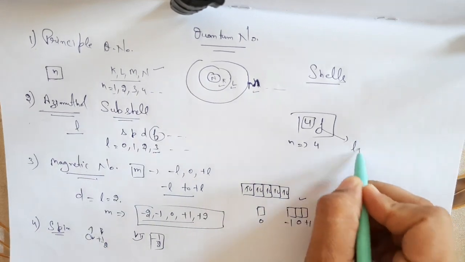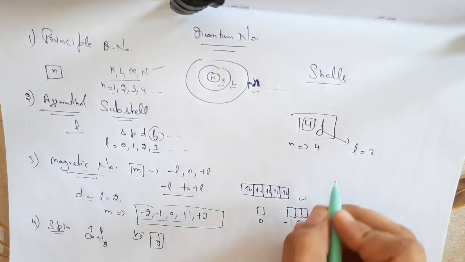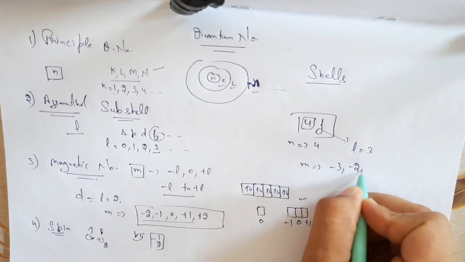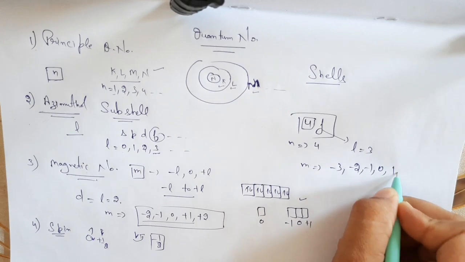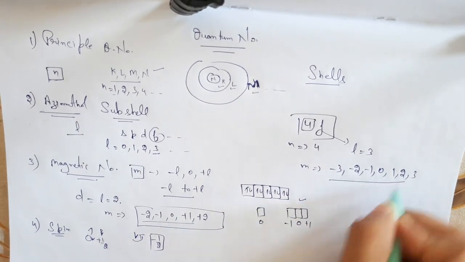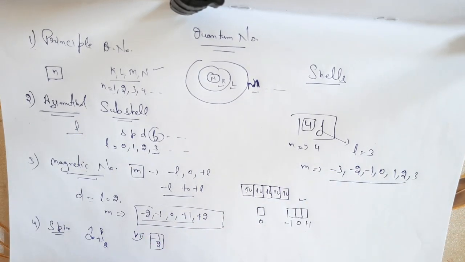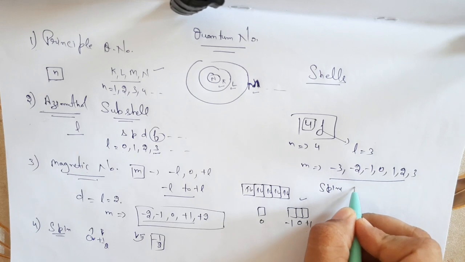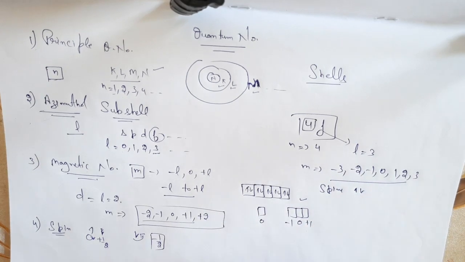Thus, the value of l is 3, and the magnetic quantum number starts from negative 3, negative 2, negative 1, 0, 1, 2 and 3. These are the various values of the magnetic quantum number. For the spin, the electron can have either positive half or negative half. It depends on its orientation.